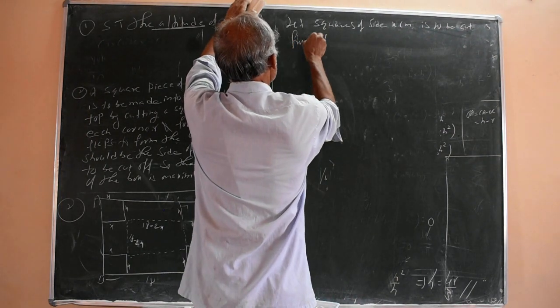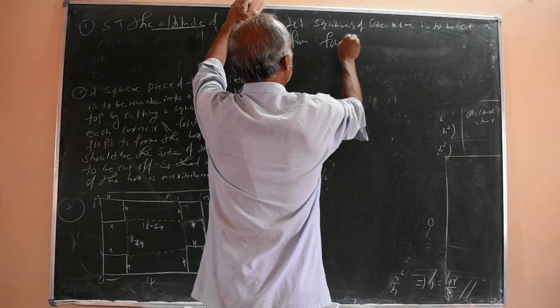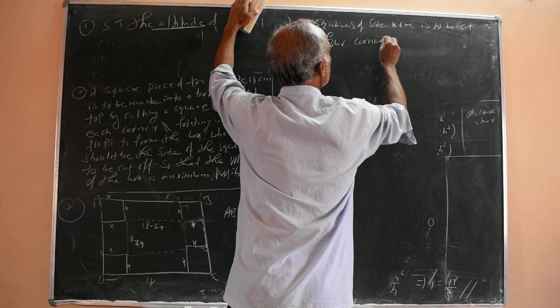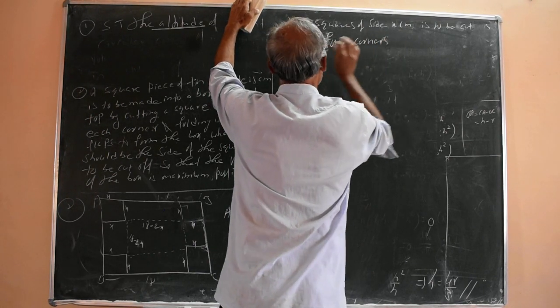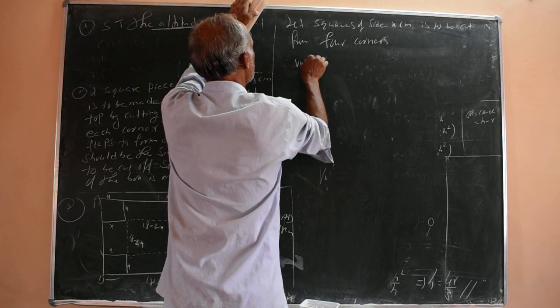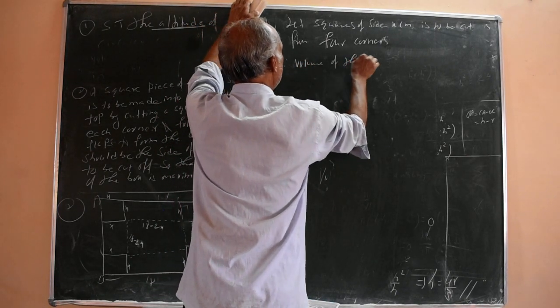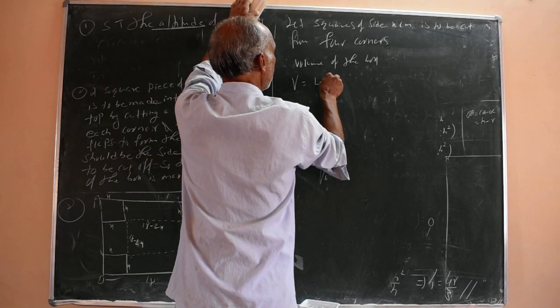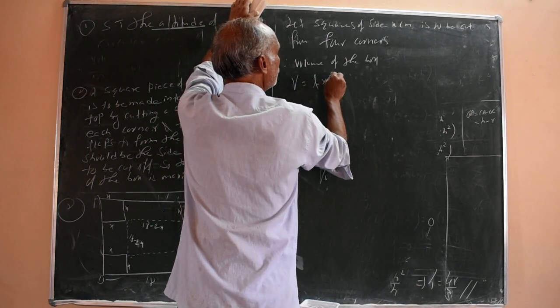Therefore, volume of the box V is equals to length into breadth into height.